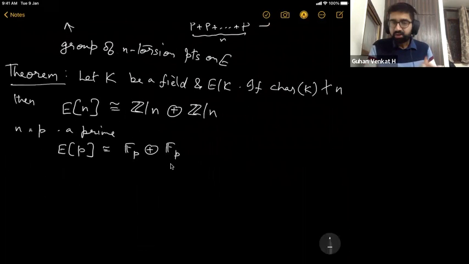And we saw that the absolute Galois group acts on all points defined over k bar, and that this action descends to n-torsion points as well.